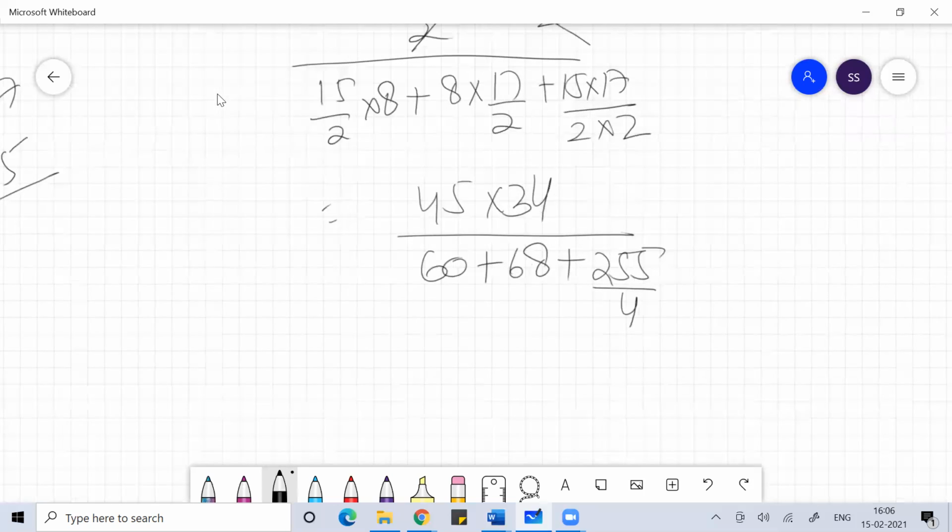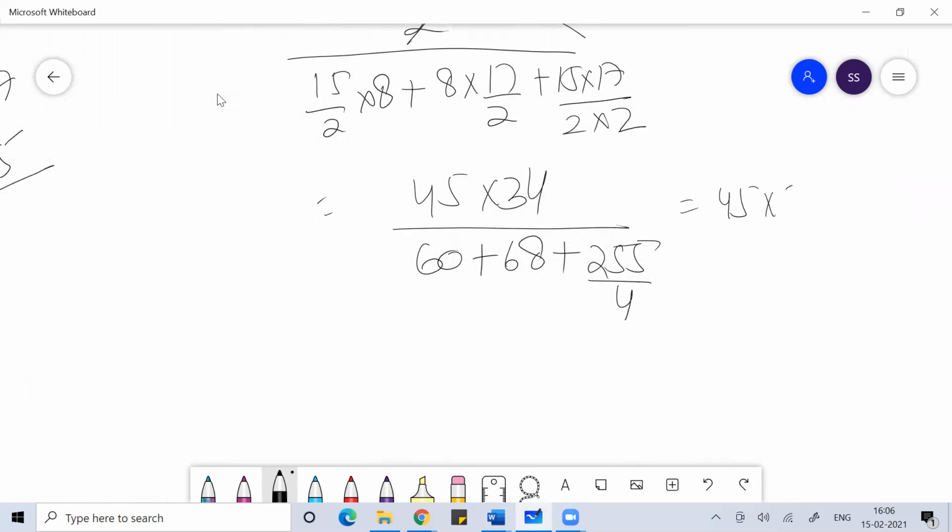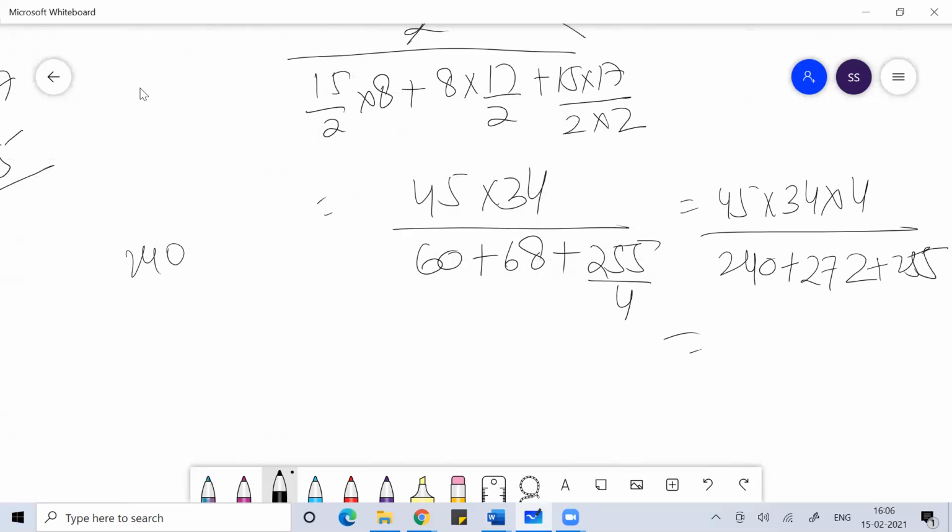So this value is 45 into 34 into 4 divided by this. 240 into 4, 68 into 4, 8 fours are 32, 3 carry, 24 plus 3, 272 plus 255. Solve this: 240 plus 272 plus 255 is 767.